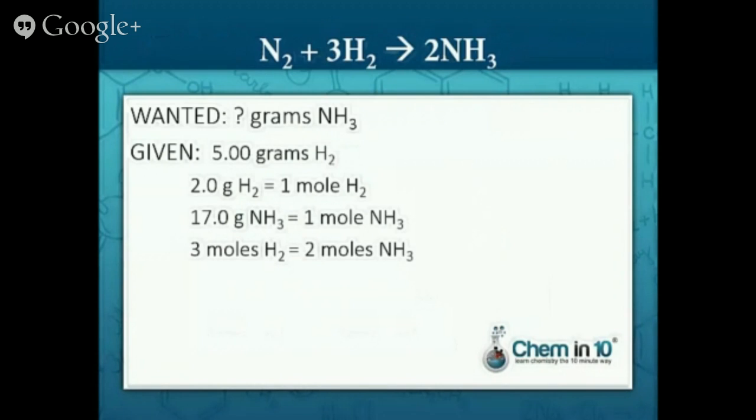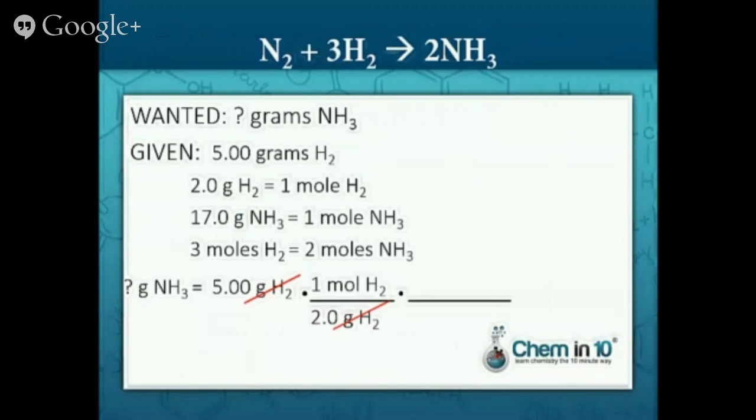Setting up our problem, question mark wanted, question mark grams of ammonia is equal to the given 5 grams of hydrogen, dot line. We set up our first conversion factor to cancel out grams of hydrogen. So we're going to put the molar mass of hydrogen in the denominator. 2 grams of hydrogen is equal to 1 mole of hydrogen, and the grams of hydrogen cancel out.